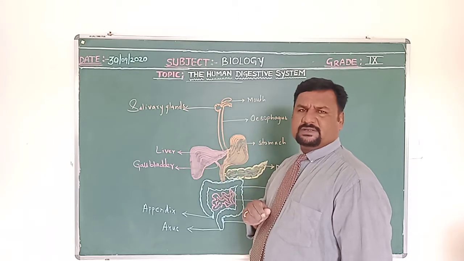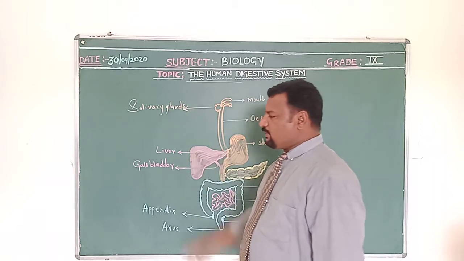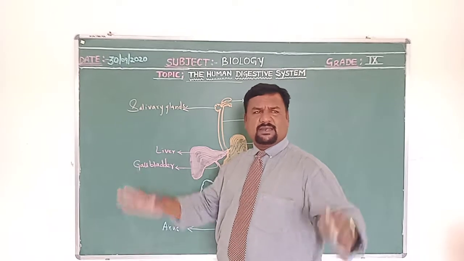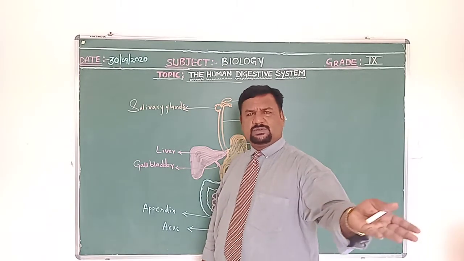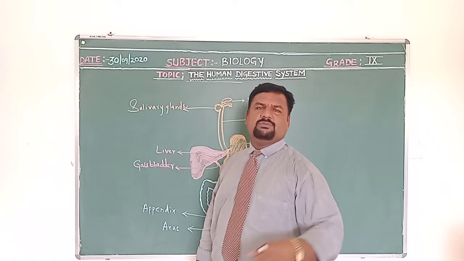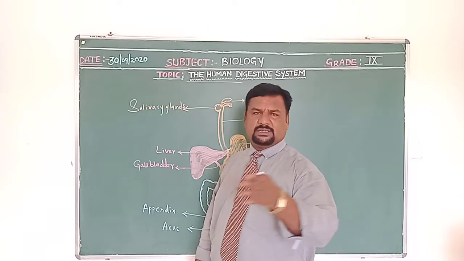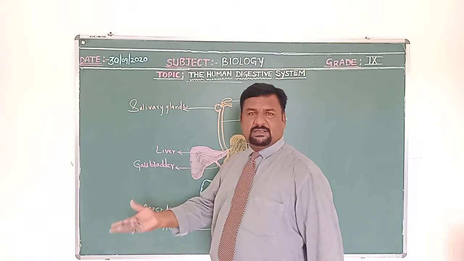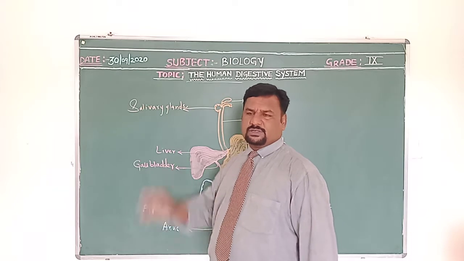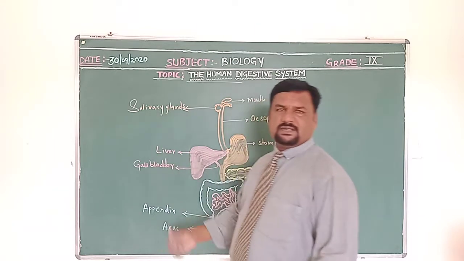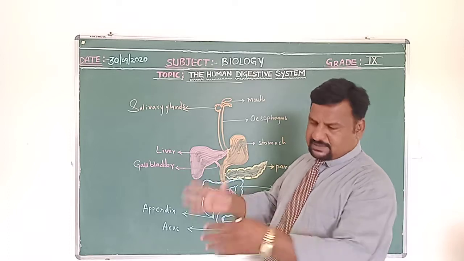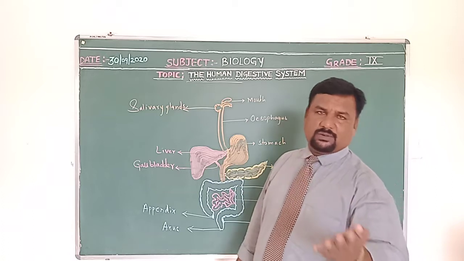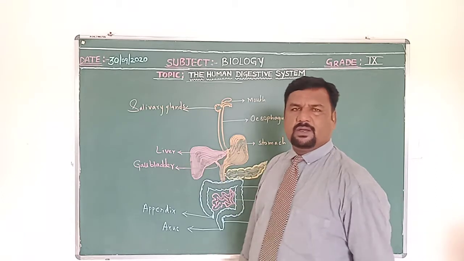The diet which we consume contains various kinds of food: maybe carbohydrate, protein, fat, lipid, vitamins and other minerals. Several enzymes present in the digestive glands of our body are responsible for breaking down these macromolecules of food into micromolecules.